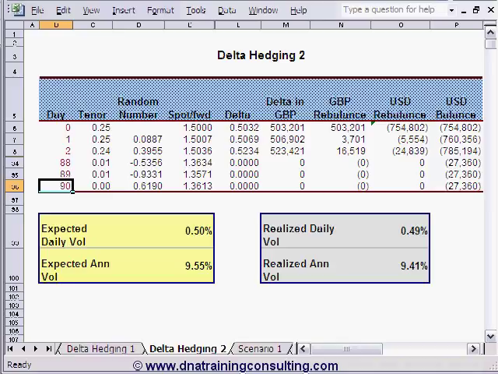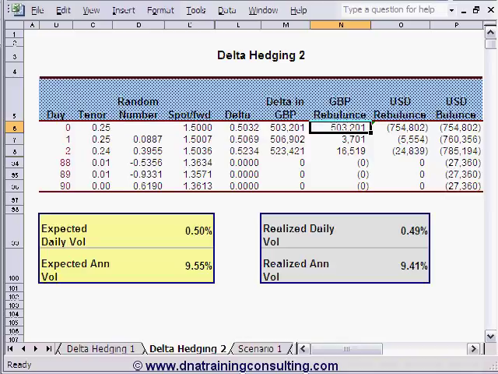Now, knowing that the delta is 0.5032, the trader, as we have said, enters a forward contract at this 1.50 forward rate for settlement 91 days later. And therefore the forward contract in question would have a sterling notional, as you can see in cell N6, of 503,201 pounds.